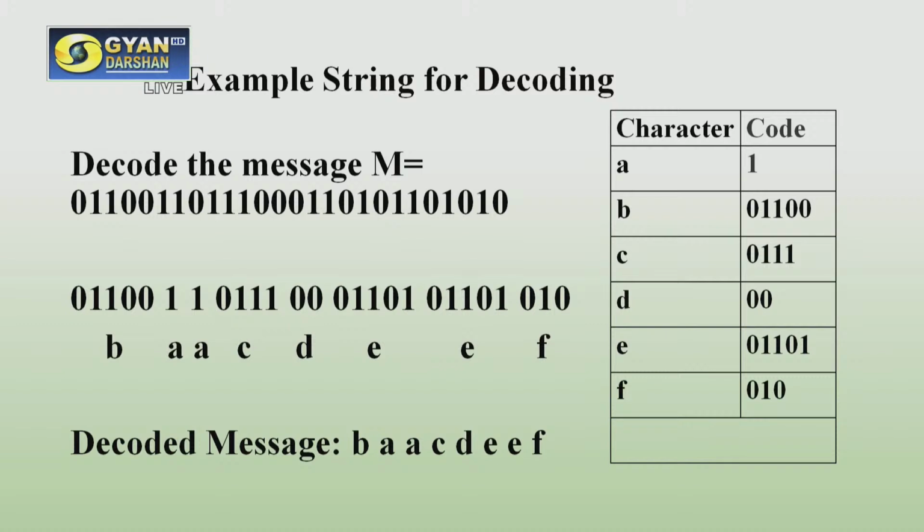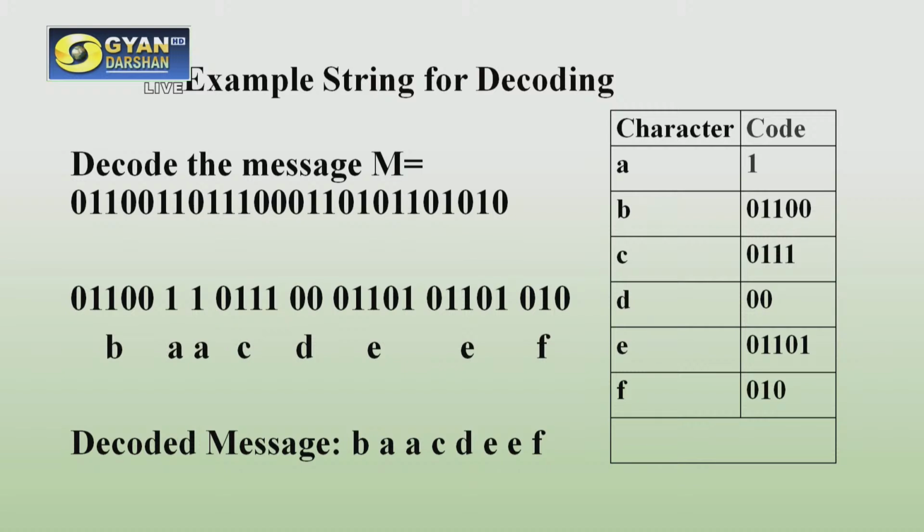Next, 1. The only code possible is A. Once again a 1, another code which is possible is A. Right, that is the way decoding takes place. Then 0, 1, 1, 1.